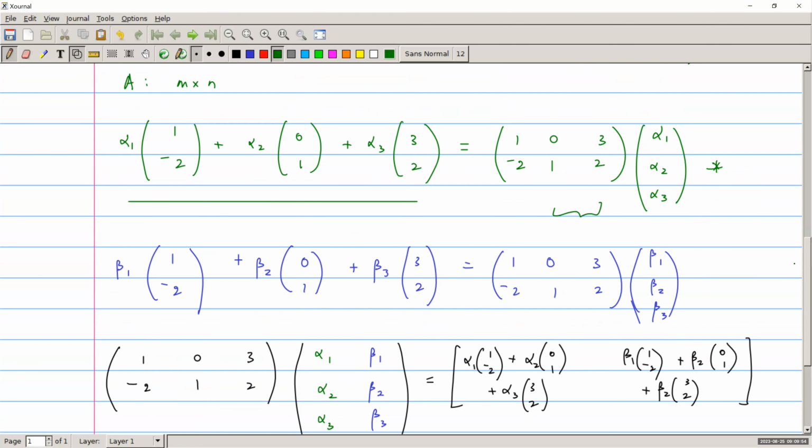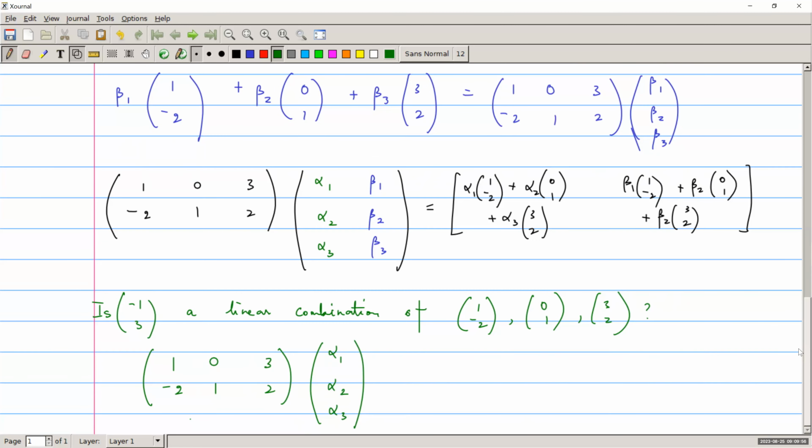So if I want to ask whether (-1, 3) is a linear combination of these, what I'm asking is: is there any alpha 1, alpha 2, and alpha 3 that satisfies this equation? And that is called solving sets of linear equations.